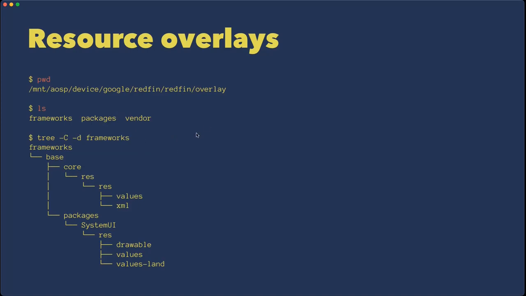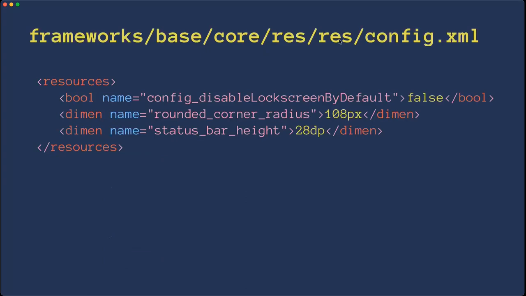So how do you overlay resources? Well, for instance, if you check in frameworks base core res, you find a config XML, the one that is in the system AOSP, the one you shouldn't modify. You want to override the values there. So you define your own config XML, which goes into the directory I just showed.